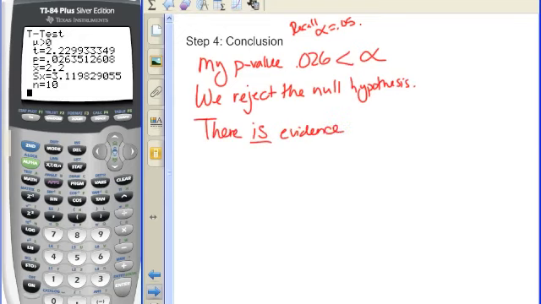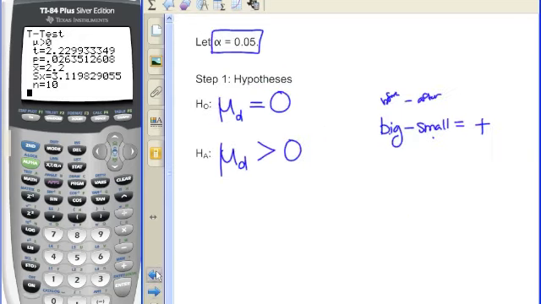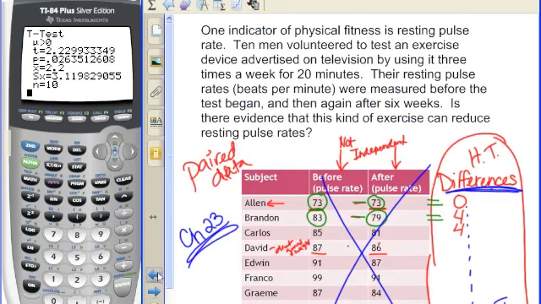Evidence of what? I always go back to the story problem. Let's see what they asked us to show. Is there evidence that this kind of exercise can reduce resting pulse rates? Yes. We've shown that the pulse rates went down.